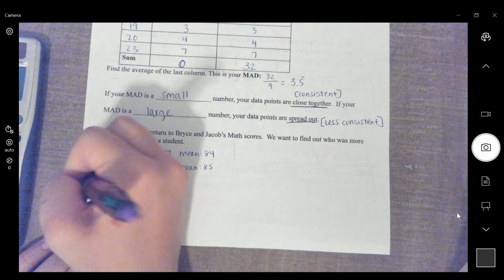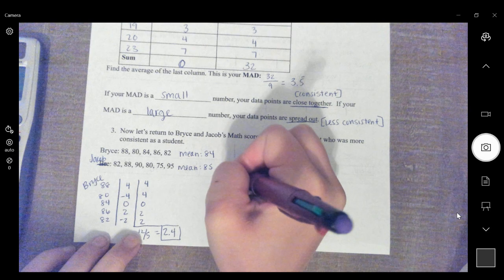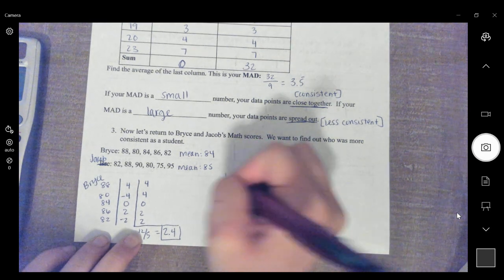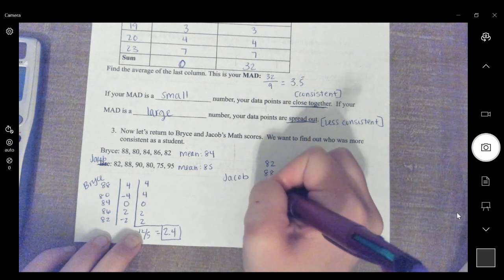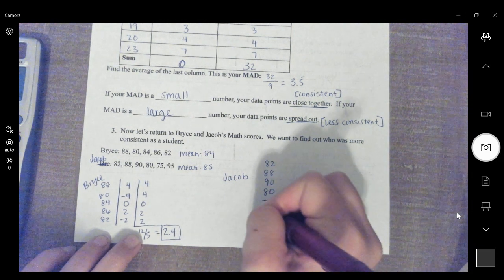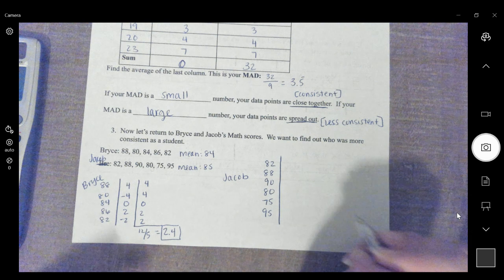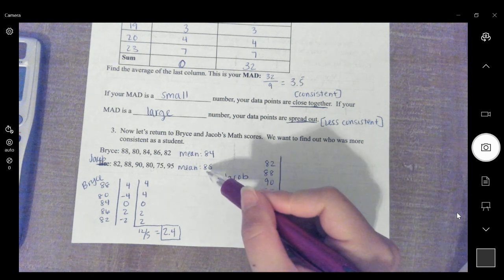So Bryce's MAD is 2.4. And then for Jacob, we'll do the same thing. It's got a little more data points here: 82, 88, 90, 80, 75, and 95. And then we're going to take all those and subtract our mean. I just grabbed these from the front side.